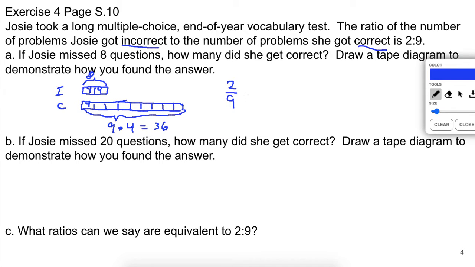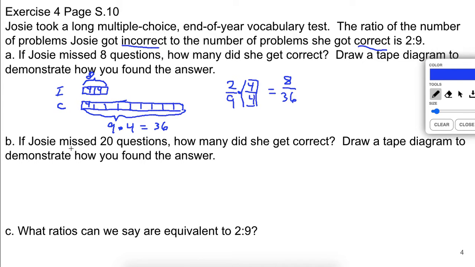Again, incorrect to correct. We know that she had over here 8 incorrect, and we ask ourselves, what do we multiply by to get from 2 to 8? We know that's 4. So 4, and we end up with 4 times 9 is 36.